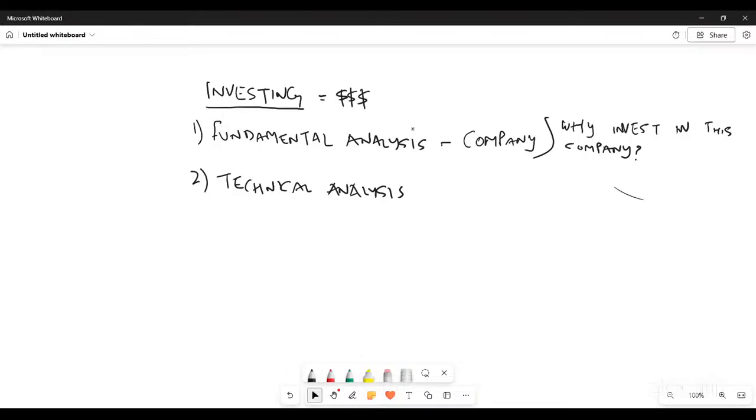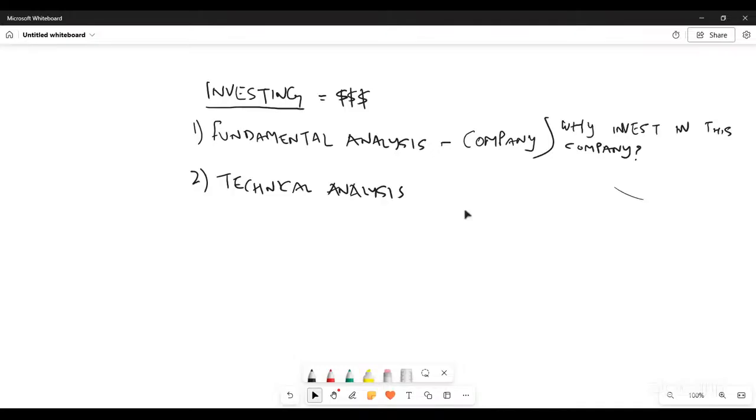All that happens because of the company's product, how much demand the product has. The more demand the company's product has, a lot of people are going to be interested in purchasing the stock.